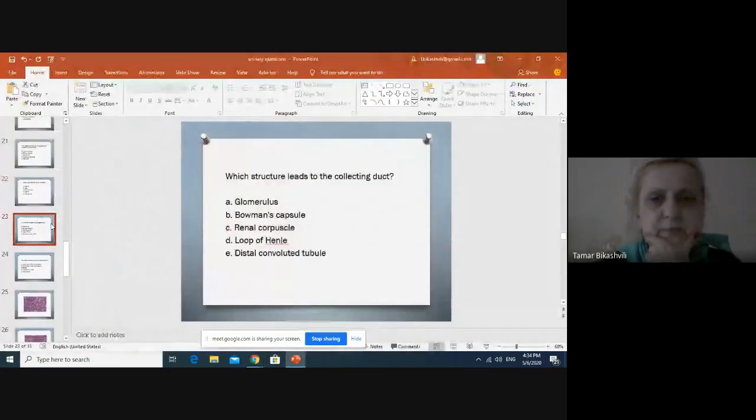Next question. Which structure leads to the collecting duct?